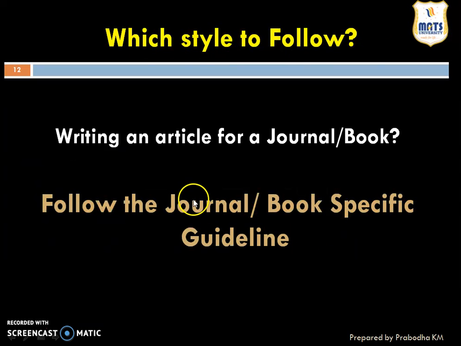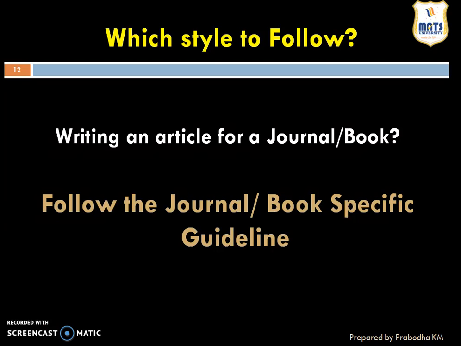So which style to follow if we are writing any scientific article for any journal or book? The simple answer is that we know there are a lot of standard formats available, like APA, Chicago, Harvard styles. So the simple answer is we have to follow the journal and book specific guideline.